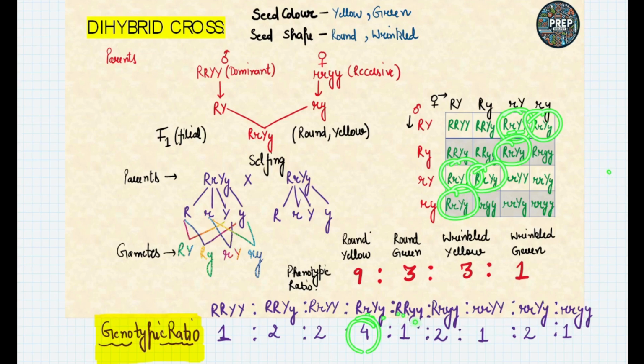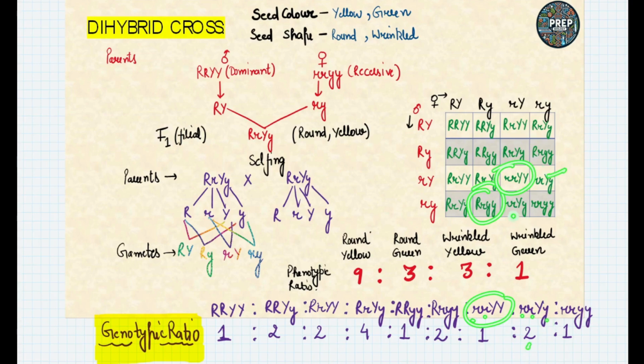Capital RR, small yy, is 1. Capital R small r, small yy, is 2. Small rr, capital YY, is 1. Small rr, capital Y small y, is 2.